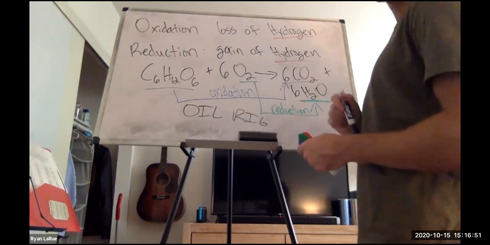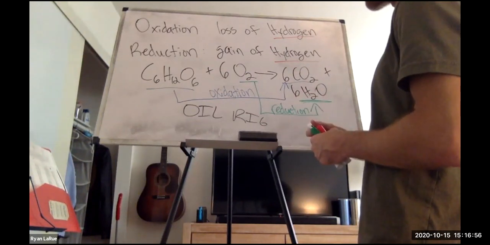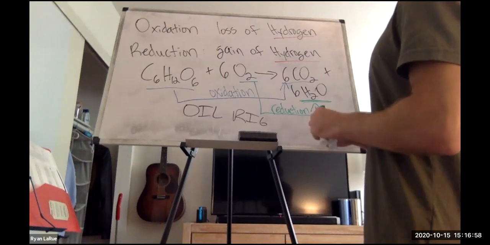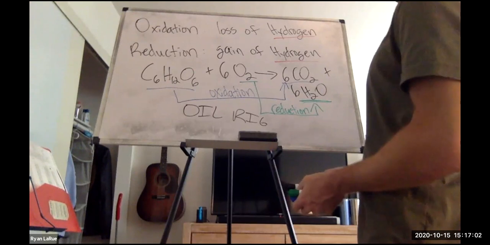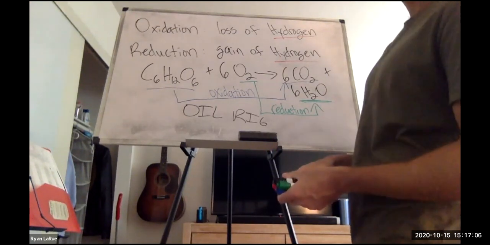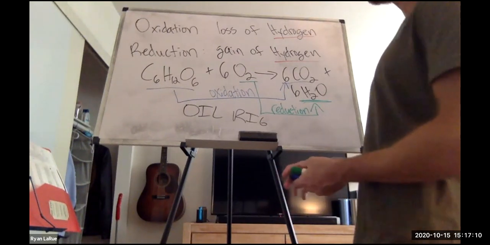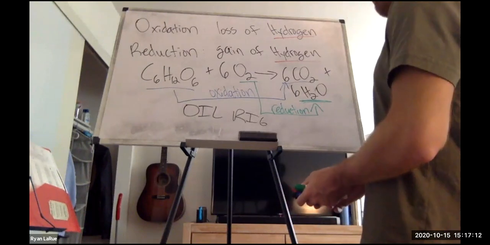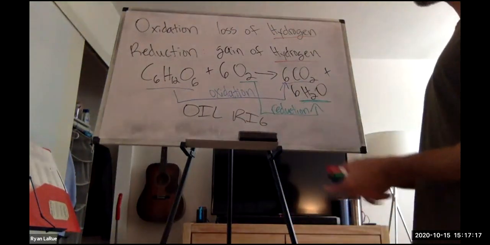Reduction is gain of electrons or hydrogens. Another funny one is Leo the lion goes grr. Leo, loss of electrons, oxidation. The lion goes grr. Gain is reduction. So, whichever you want to use to remember.